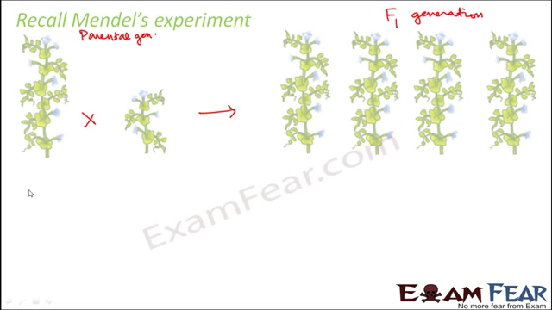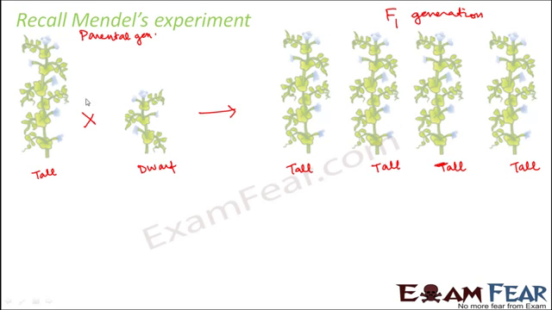Now let us try to see the genotype and phenotypes of all these plants. As per Mendel, this was a tall plant, this was a dwarf plant. So, these are the phenotypes. What he observed was that the phenotypes of all the F1 generation were tall. Let us see what their genotypes were. As I mentioned before, before crossing the plants, Mendel made sure that he self-pollinated each type of plant over a couple of generations so that they are purebred.